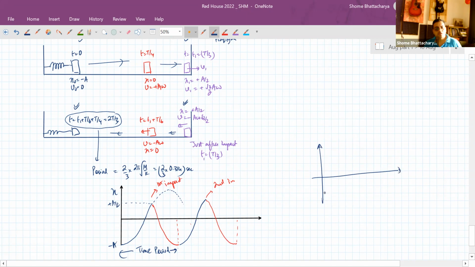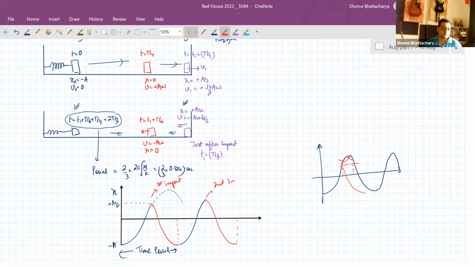Like, instead of the SHM completed, just this part is removed in the SHM, and this is just brought here. Okay, hope this is clear, people.